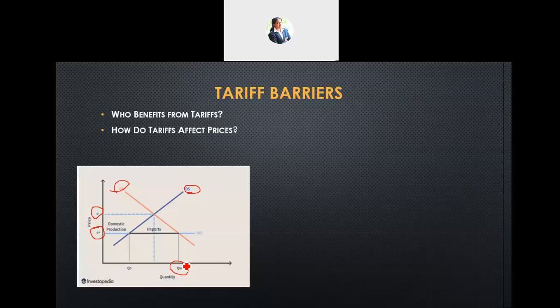But the thing we have to know is that the home country's part in this entire quantity would be only QD, and the difference between QD and QW is offset by importing goods from other countries.